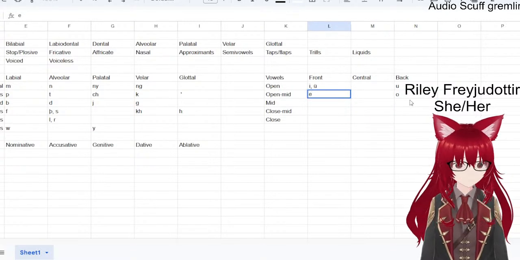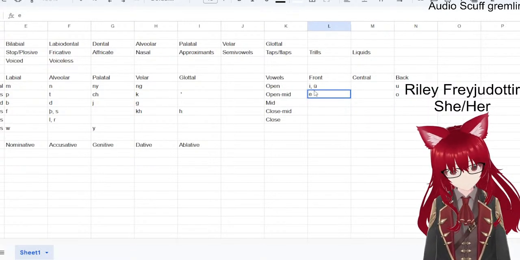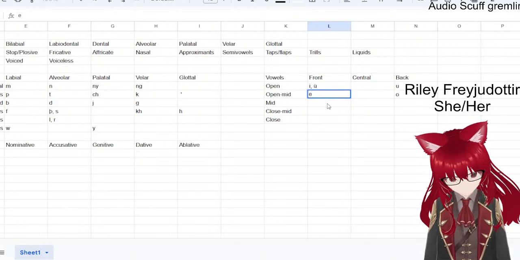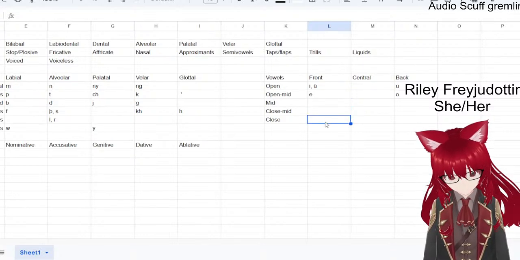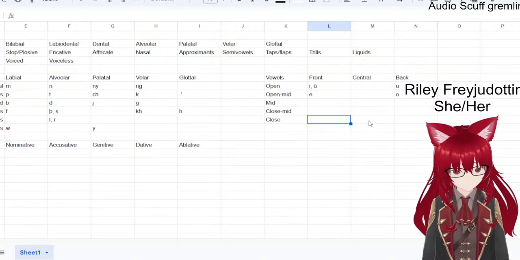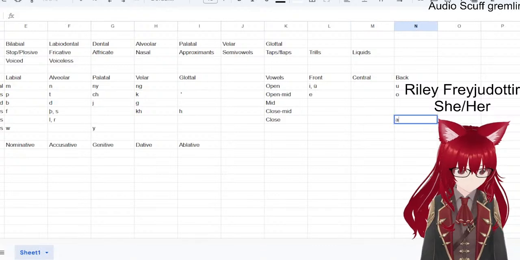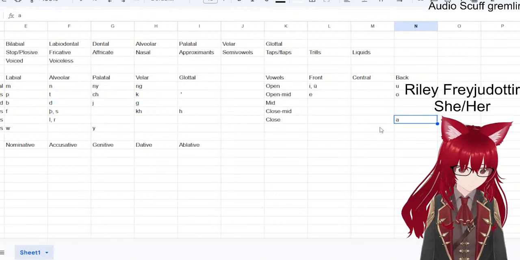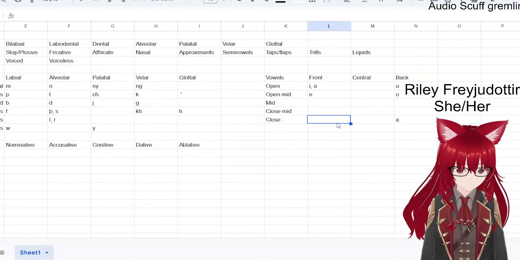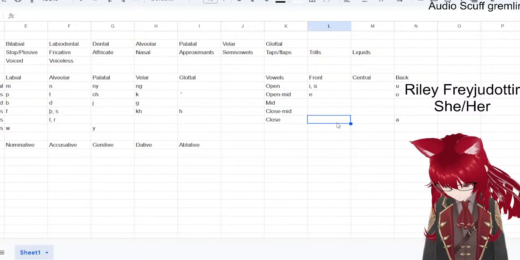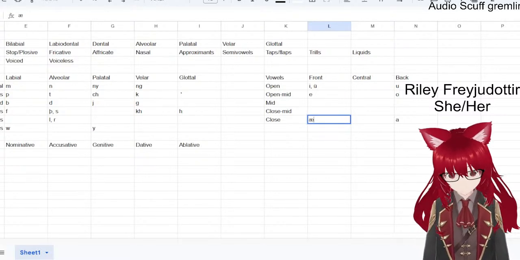We also have the A and O vowels, and the closed back vowel and the closed front vowel.